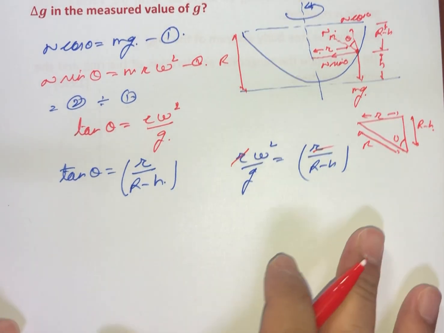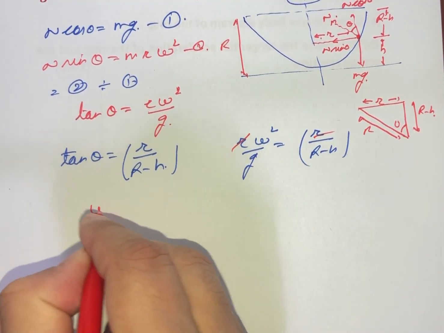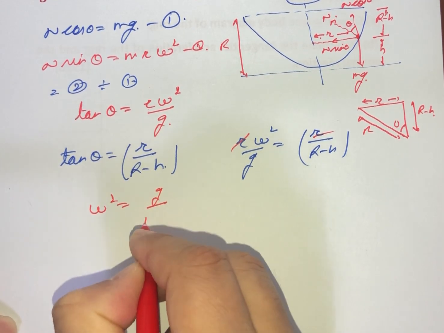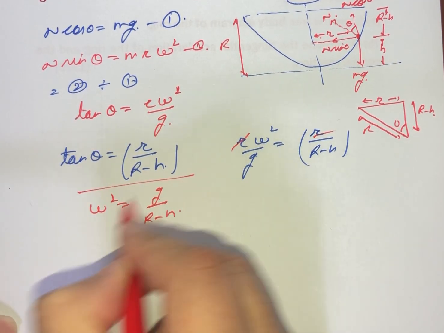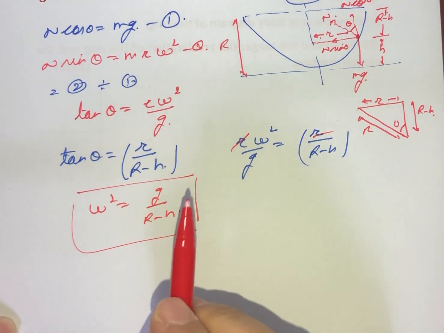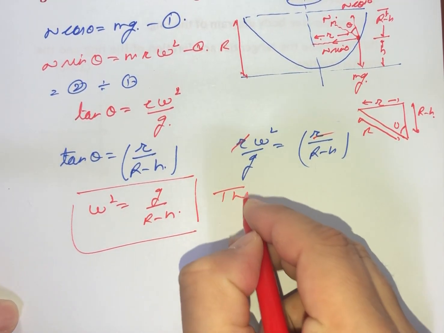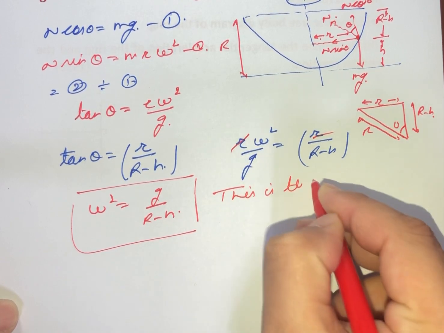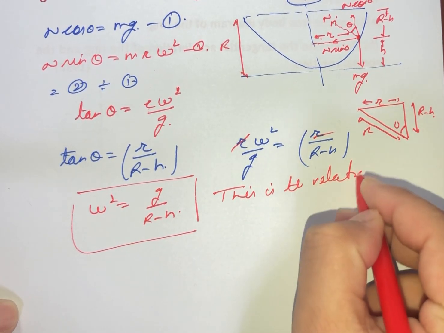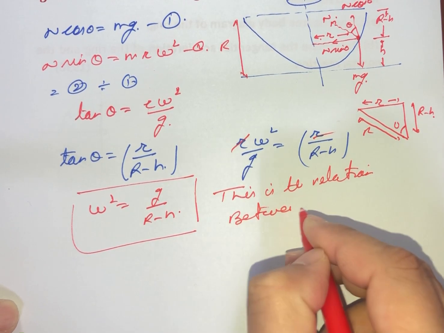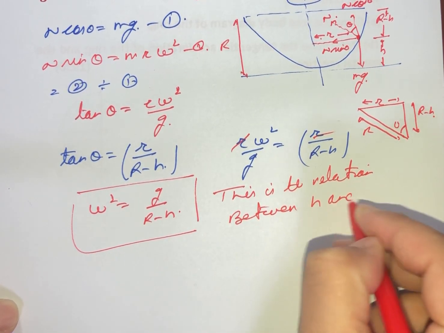So from here we can say our omega square is equal to g upon R minus h. So this is the relationship between h and omega.